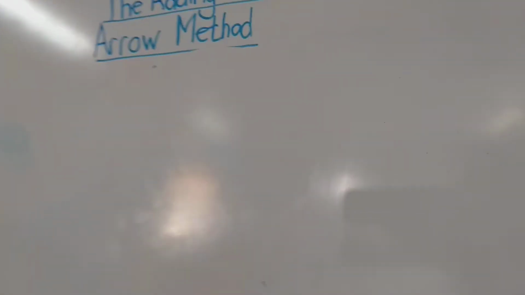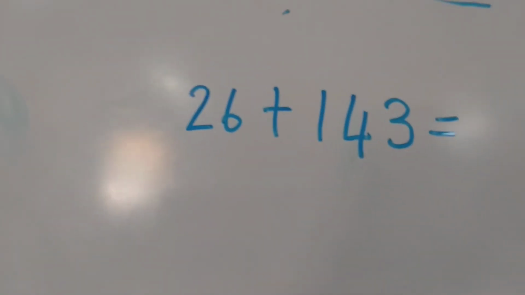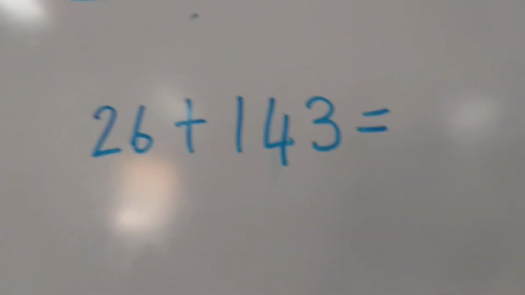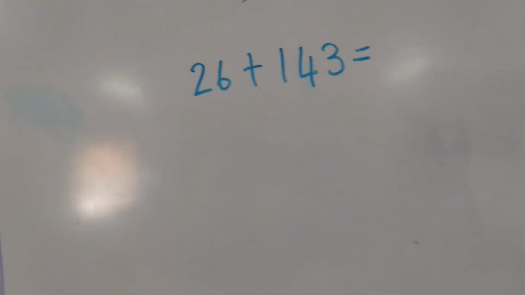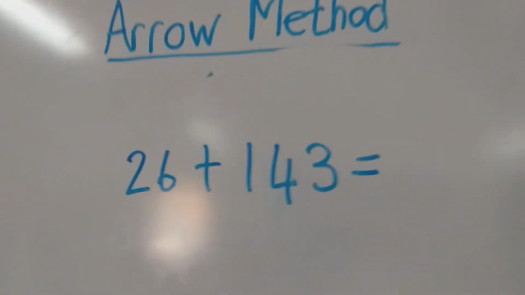And you can see that all these types of methods of addition involve breaking down. Let's change that, 143. So I've got 26 plus 143. What is the number I'm going to break down?